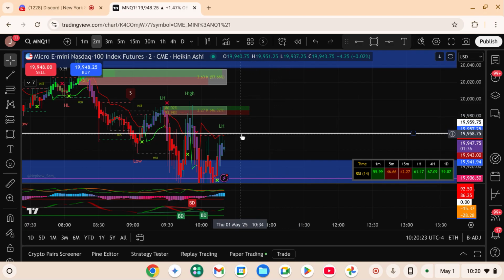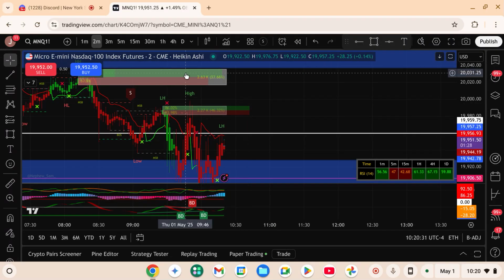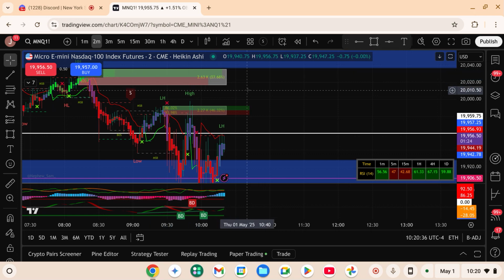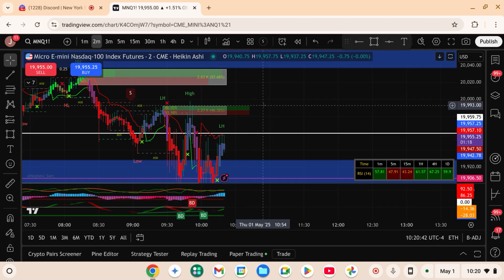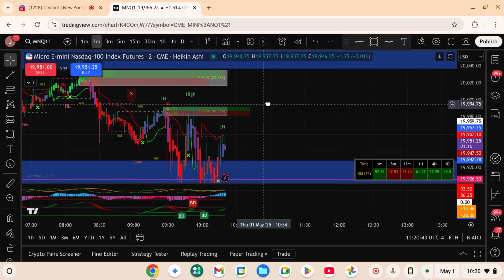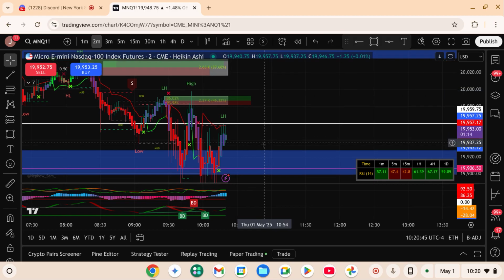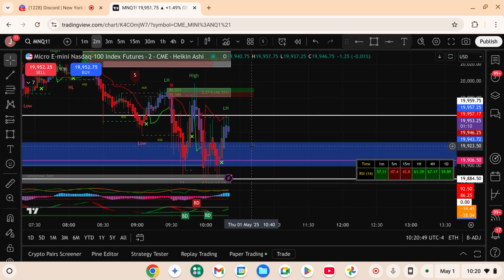So if it breaks through here, we'll enter longs here, and we'll just put our stop below it, and then we'll target this order block here. We can get rid of this.